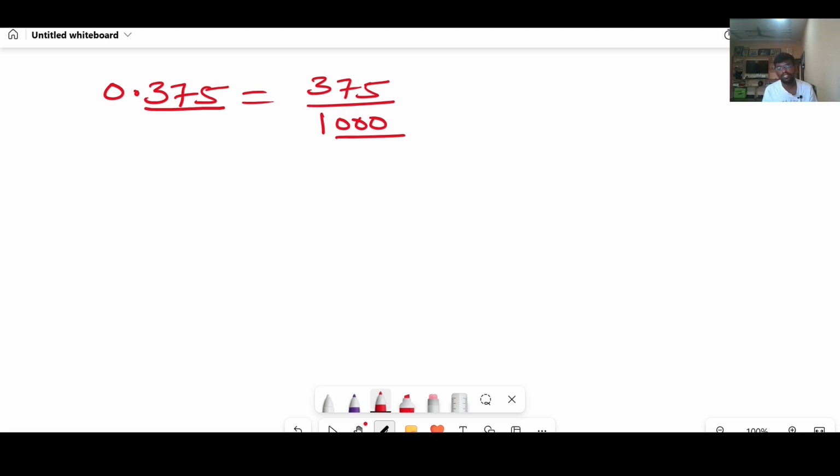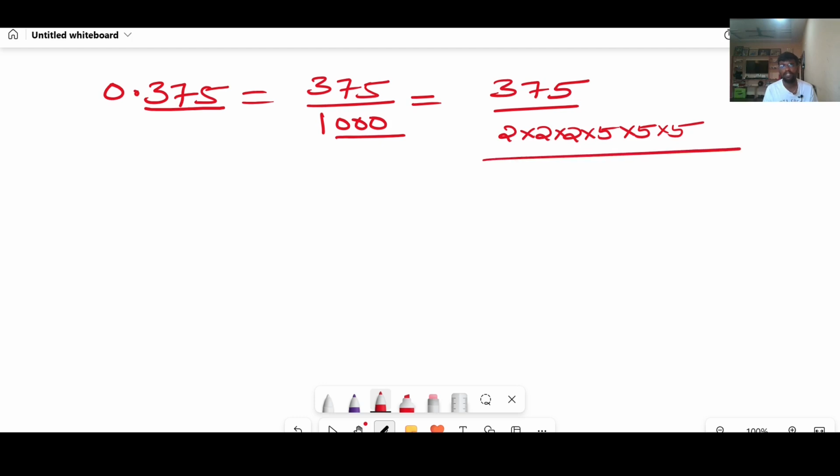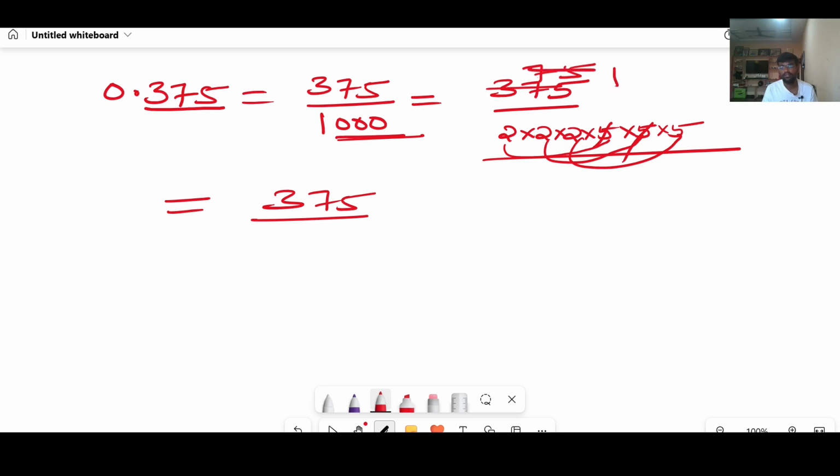Can I write this as 375 by 2 into 2 into 2 into 5 into 5 into 5, which is 10 into 10 into 10, that is 1000. Cancelling, 375 by 1000 gives 3 by 8.